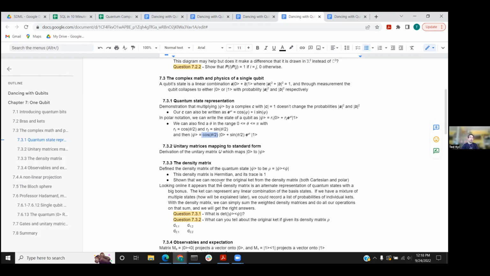If it's all the way at the South Pole, theta equals pi, then basically we never get a 0, because cosine of 90 degrees is 0. If it's halfway on the equator, then it's a 50% probability once we square it. And if it's all the way at the North Pole, then it's 100% probability we get a 0.